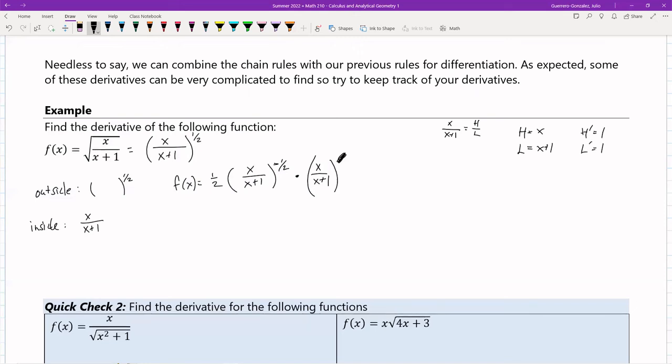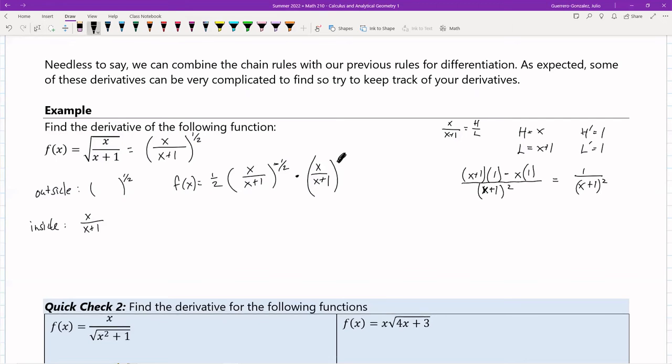So the derivative is low, x plus 1, times d high, which is 1, minus high, x, times d low, 1, all over the bottom squared, x plus 1 quantity squared. If you reduce this, you should get 1 over x plus 1 quantity squared.